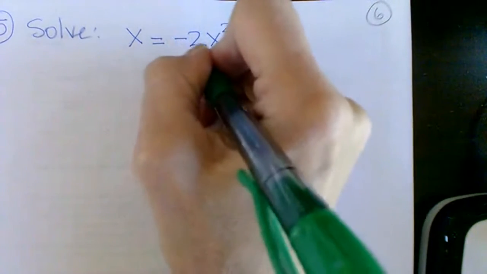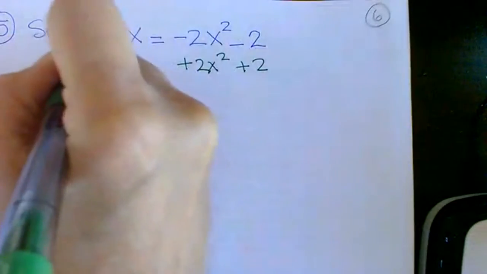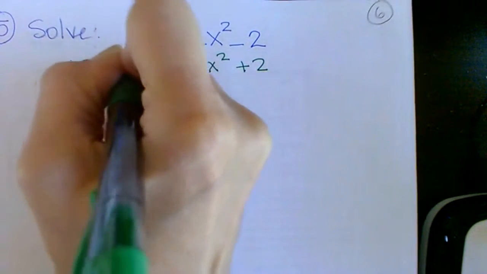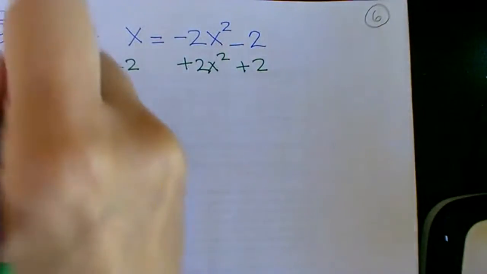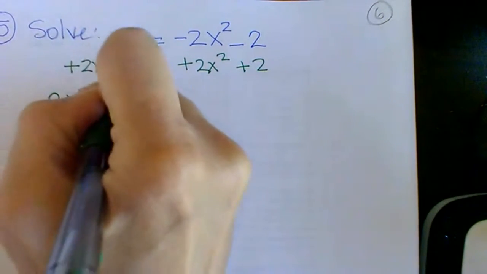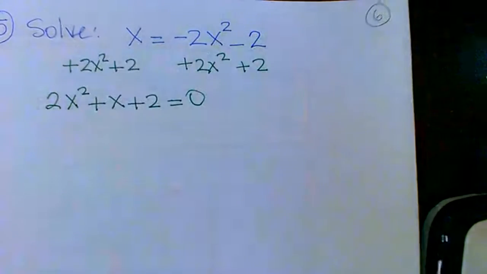I can add 2x squared plus 2 to both sides. Everything on this side. So what do I have? I have 2x squared plus x plus 2 equal to 0.